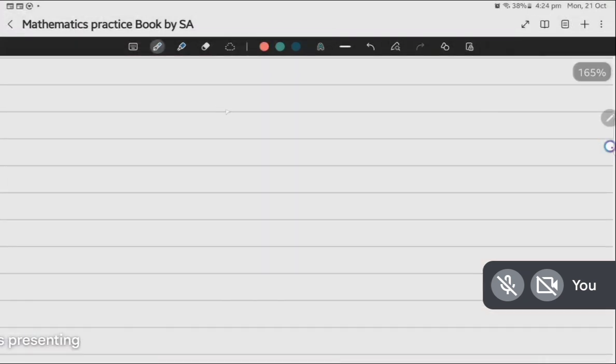So first question हमारे पास था we had 3x plus y gives us 3 and then 4x plus y gives us 2. So step 1 is we make subjects for both.